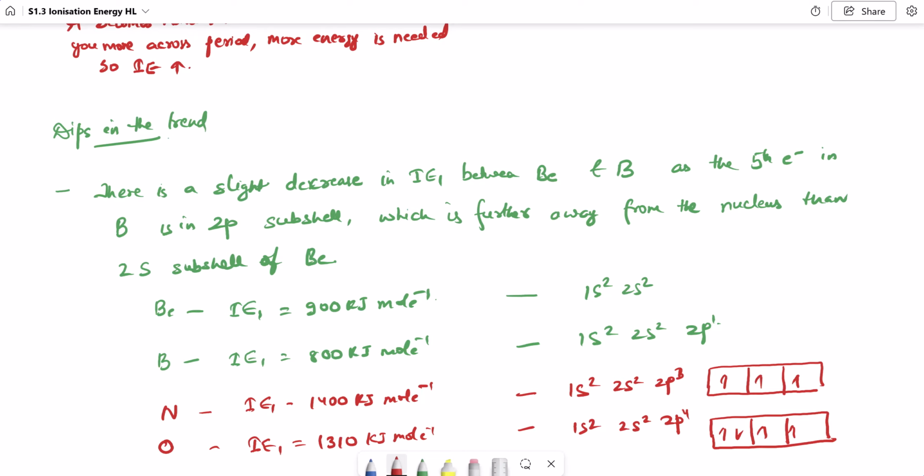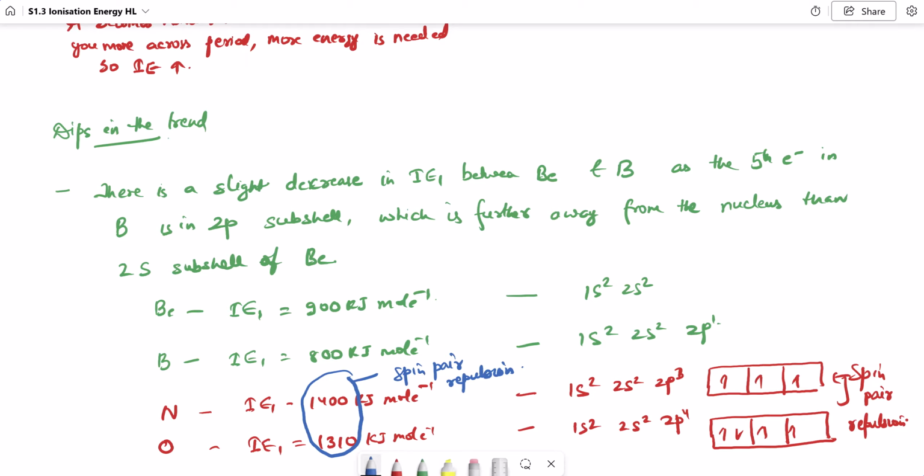This difference is because of spin pair repulsion. Fine. So this difference, let me circle it, is coming because of spin pairing. Wherever you find such differences in the same subshell, it is because of spin pairing.